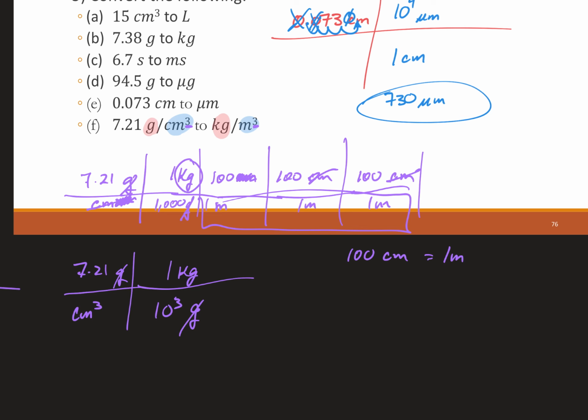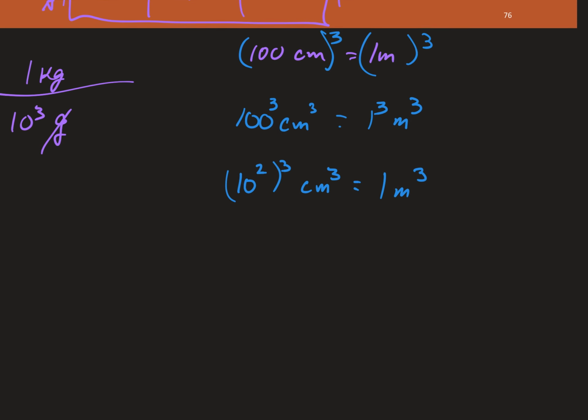So a quicker way to do it would just be to realize that it's cubed, and so cube that all in front. You get 100 centimeters cubed is 1 meter cubed, and 100 cubed is 1,000,000, because I'm just going to write this as 10 squared cubed cubic centimeters, and 1 cubed is 1, so you get that.